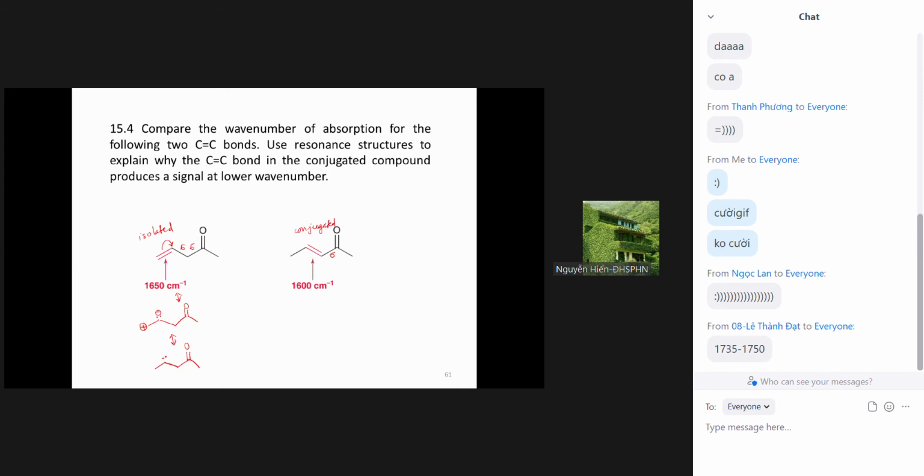You can place the positive charge right here and the negative right there. So you have two different kinds of resonance structures. Okay, I will draw it more slowly.